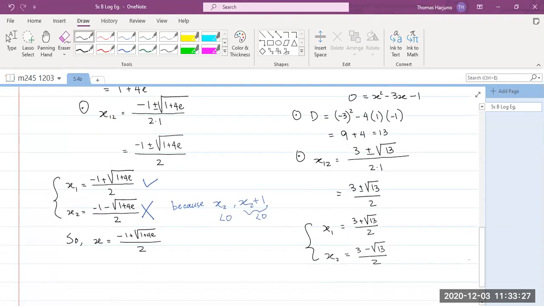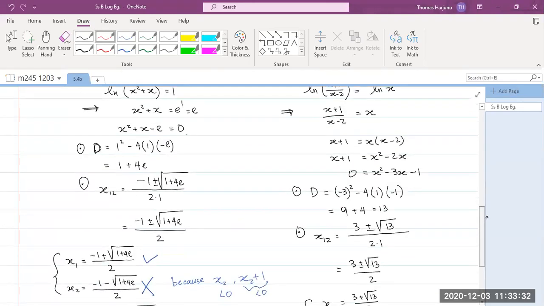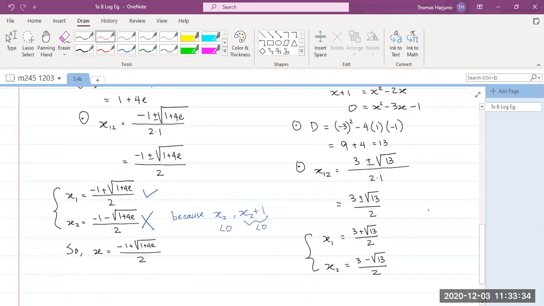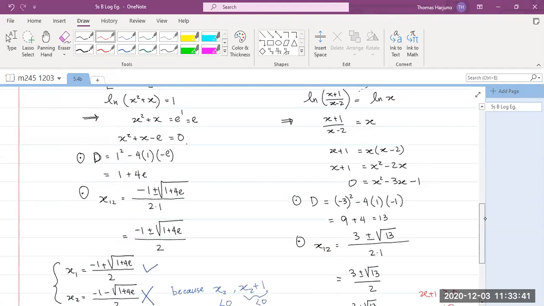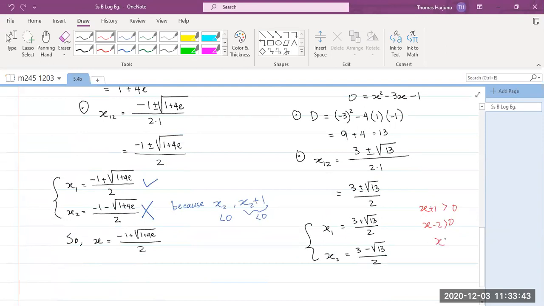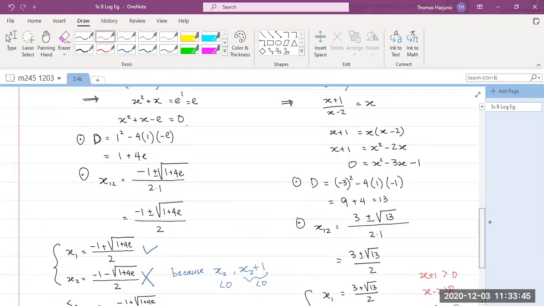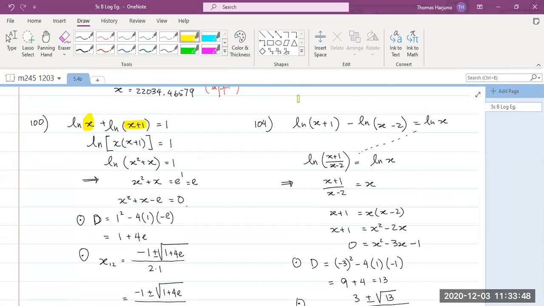Okay, now make sure that it satisfies these things, that x plus 1 has to be positive, x minus 2 has to be positive, and on the other side, x has to be also positive. I'm talking about these three things here. This guy and this guy and this guy has to be positive when you plug them in. Okay, now of course you will see I don't need to plug all three in.